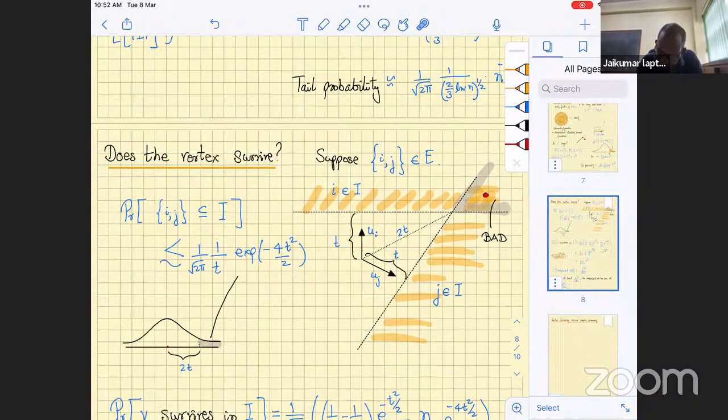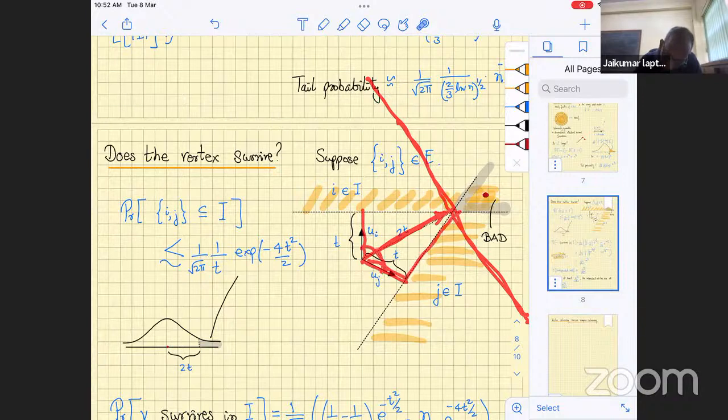Okay, so let us just estimate this probability. If gamma falls here, then just draw this hyperplane. Use this as your normal direction, and perpendicular to that, you draw this graph. I will let you do the plane geometry. If this is t, this is t, this is 120 degrees, then this is 60 degrees.